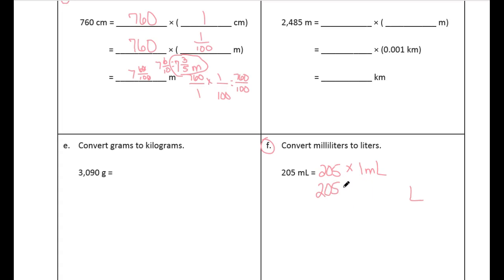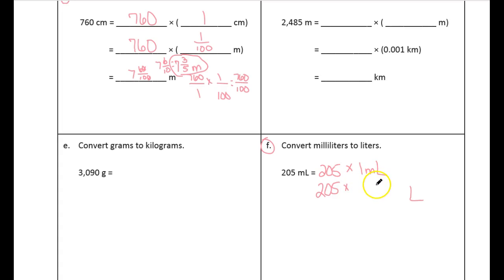205. And then I think about, okay, milliliters. And I can think about it kind of in relation to centimeters, millimeters, and meters. Centimeters, it was 100 of them to make the whole unit. And I know with millimeters, it would have been 1,000. So it's probably going to be the same thing with milliliters.